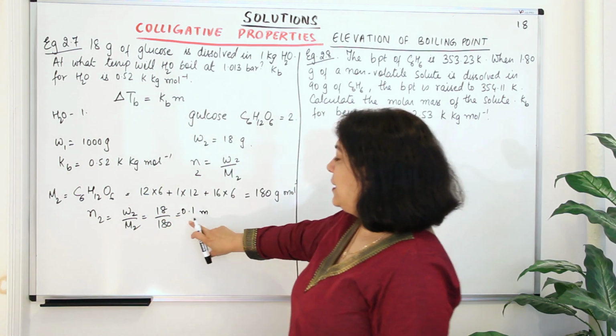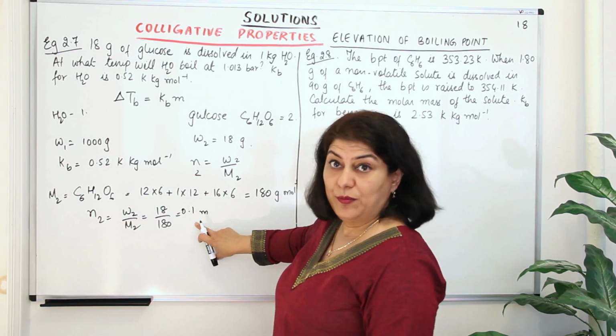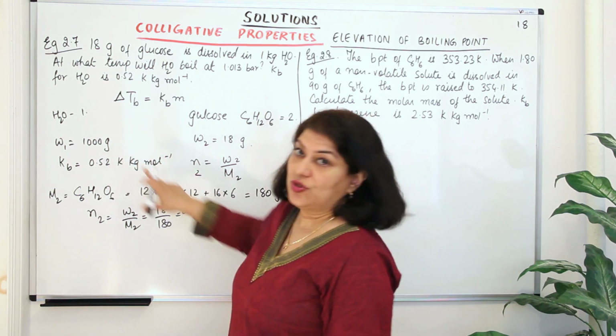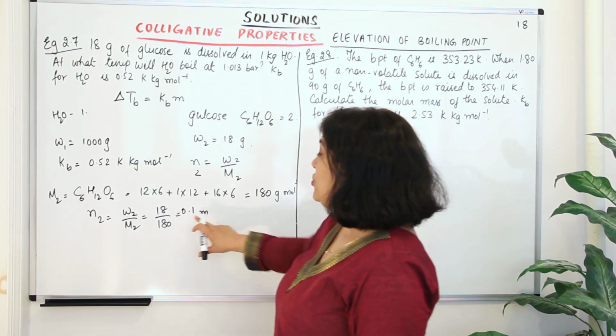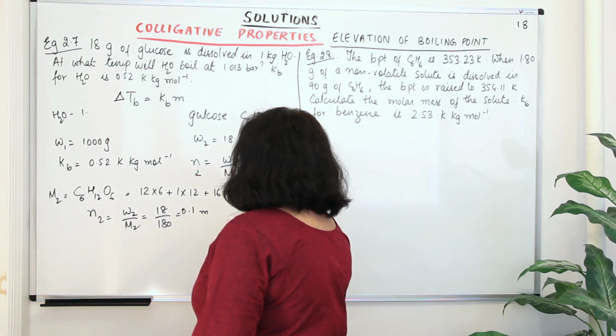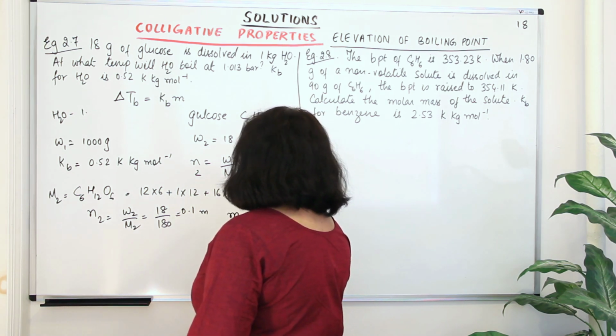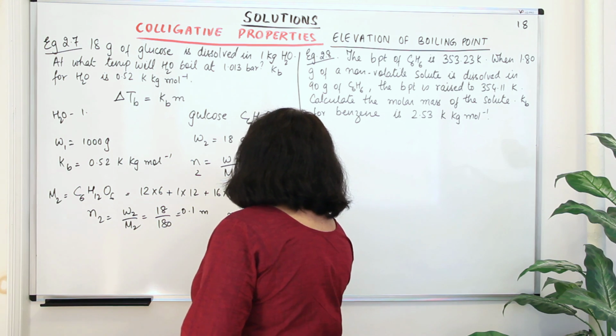And since the number of moles is this 0.1 mole, it is present in 1 kg, so the molality is also equal to 0.1.